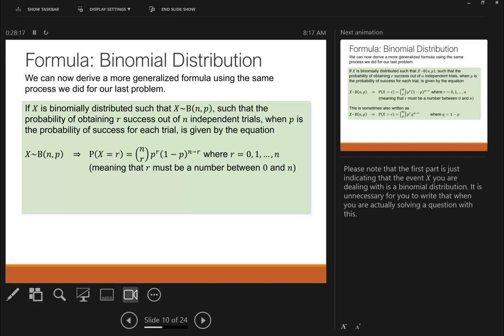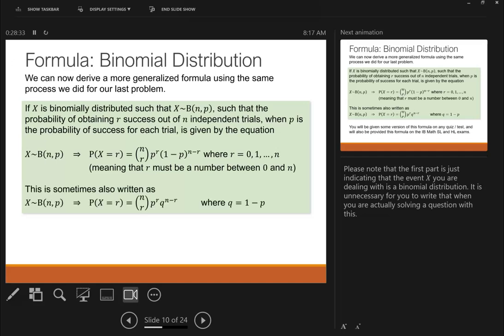So in our case, we did P(X = 2), where n is 6 and p is 2/3, right? And then we just plug them into the formula. Now, depending on where you look, you might see this same formula written with a q instead of a 1 minus p. Remember we talked about that earlier?